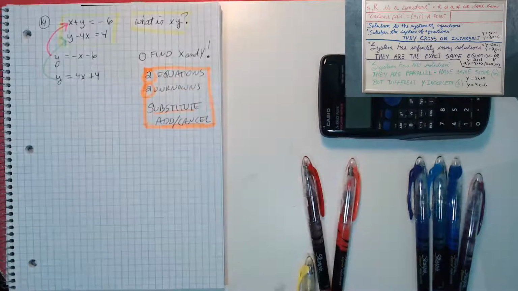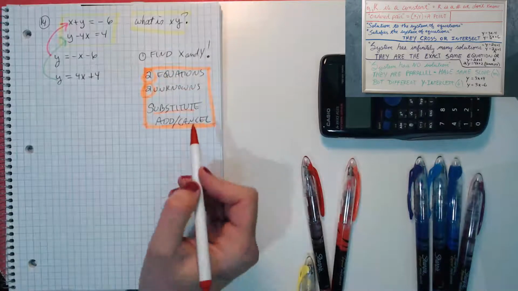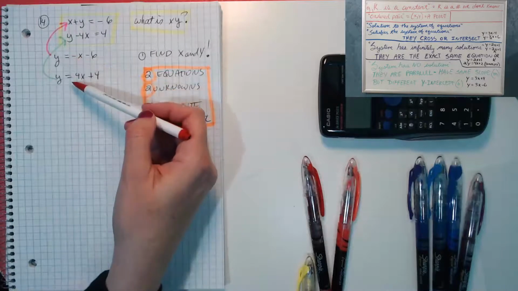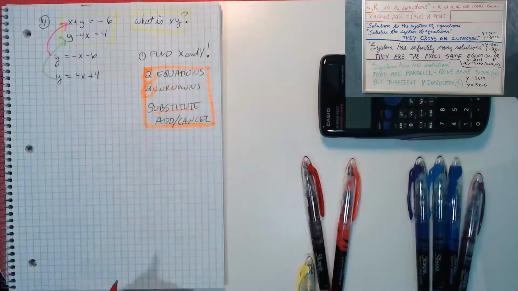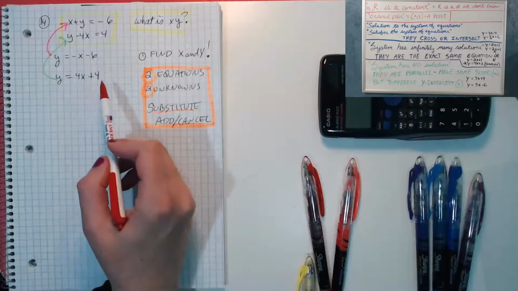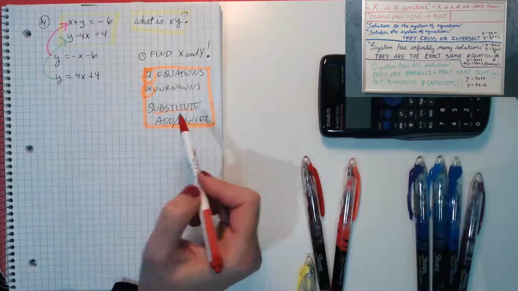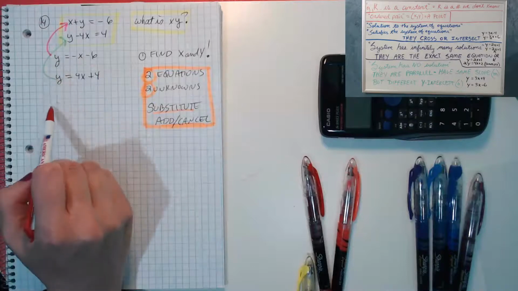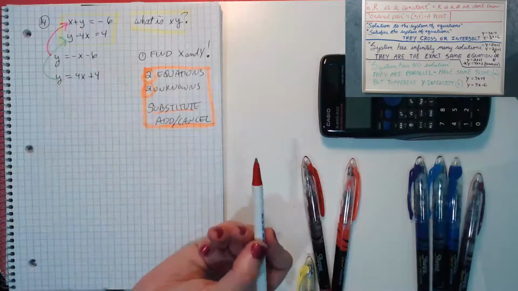You can substitute or add and cancel. Substitute means solve one equation for one variable, stick it in the other equation where you have that variable, and then plug and chug till you get an answer. Add and cancel is what we were doing last week, where you line them up like this and add them down. For this one you could completely just do the add and cancel. You could multiply one of these by a negative, and your y's would cancel out, and you'd end up with an x, and you could solve.